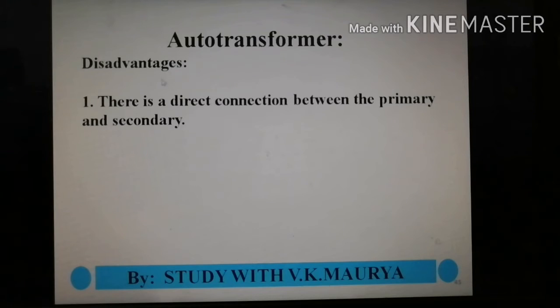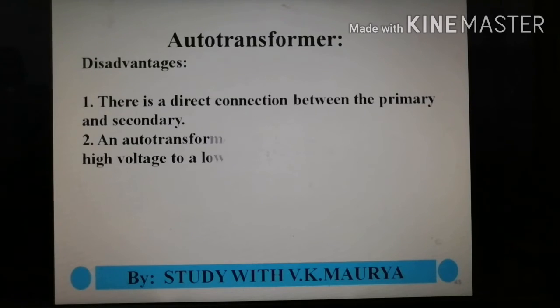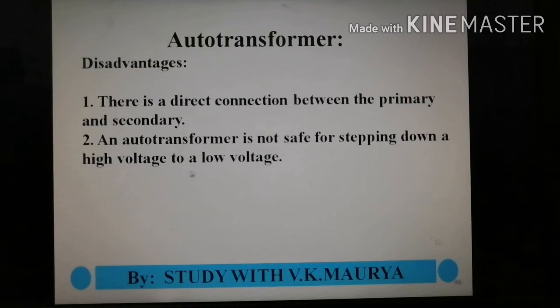Now see the disadvantages of auto transformer. There is a direct connection between the primary and secondary. Yes, this one is a disadvantage because the secondary is directly electrically connected with the primary. Second one, an auto transformer is not safe for stepping down a high voltage to a low voltage, right?